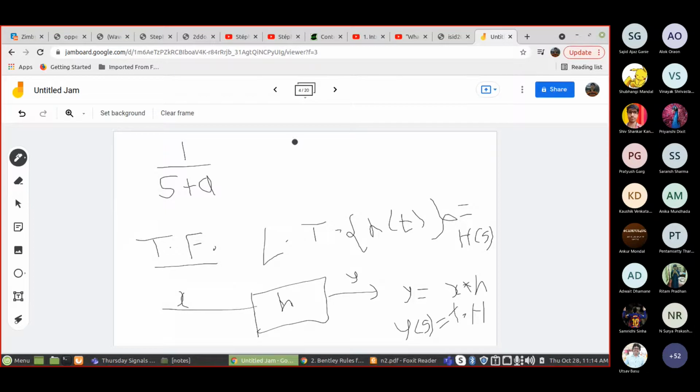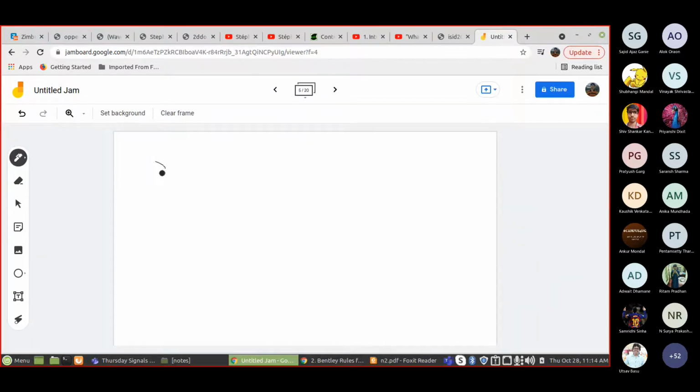So if you have a rational function like this, P of s over Q of s, and this is my transfer function, where both P of s and Q of s are polynomials, then zeros or roots of P of s, and we also have roots of Q of s.